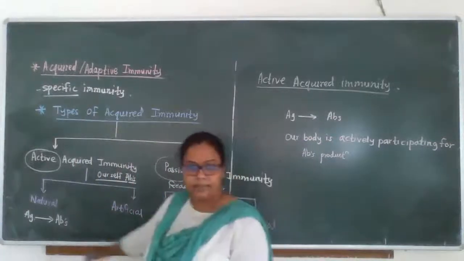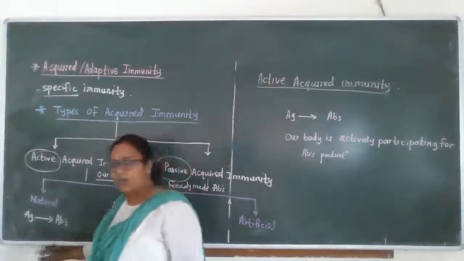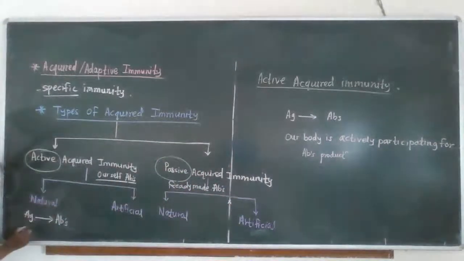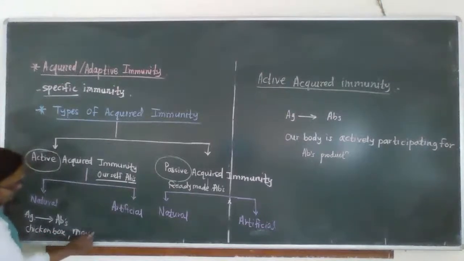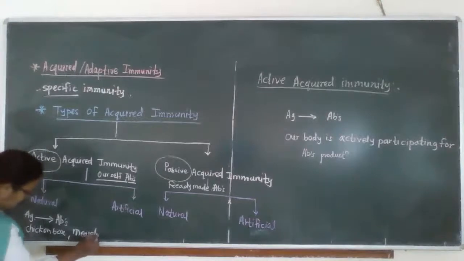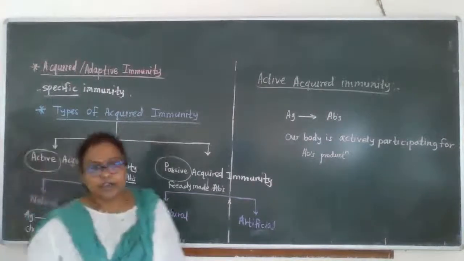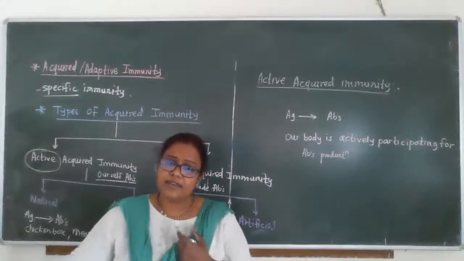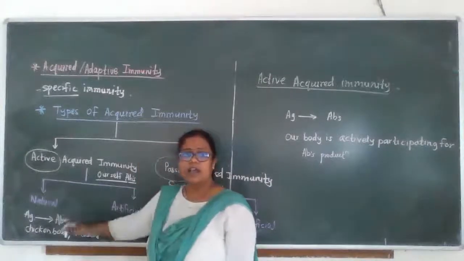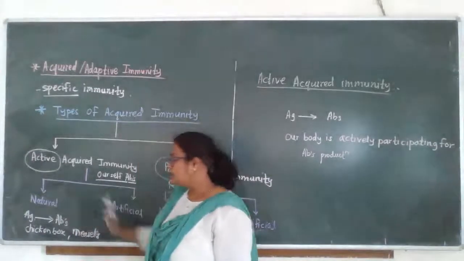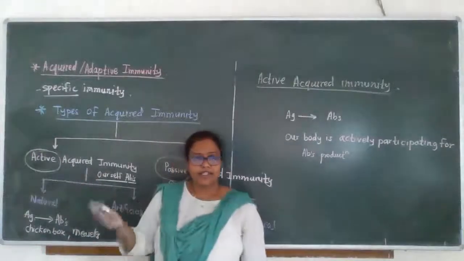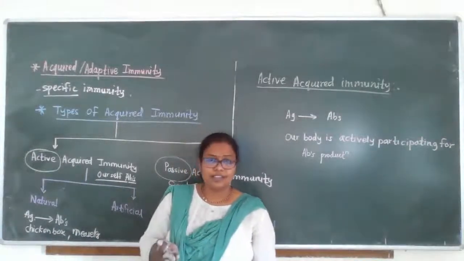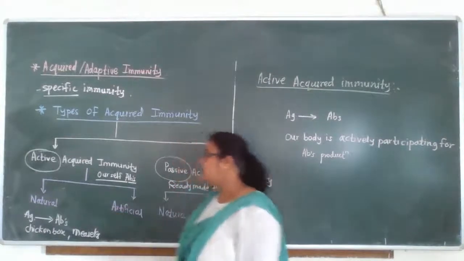For example, chickenpox and measles: when these antigens invade our body, it produces antibodies against them. That is natural acquired immunity.